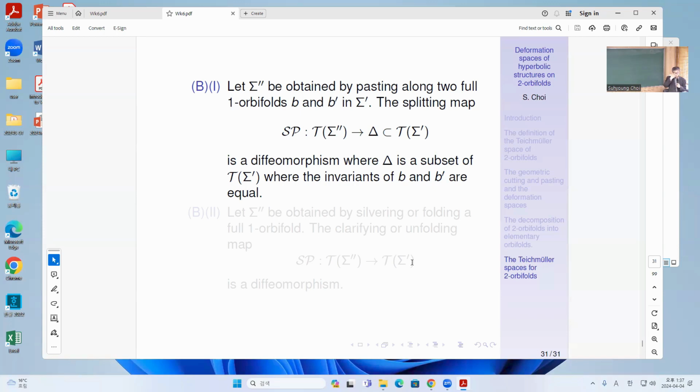But now one order two singularity appears, but the boundary orbifold number decreases. And the Euler characteristic doesn't change. So then it works out that the formula still works. Okay, so those are the ways to prove this Thurston theorem.